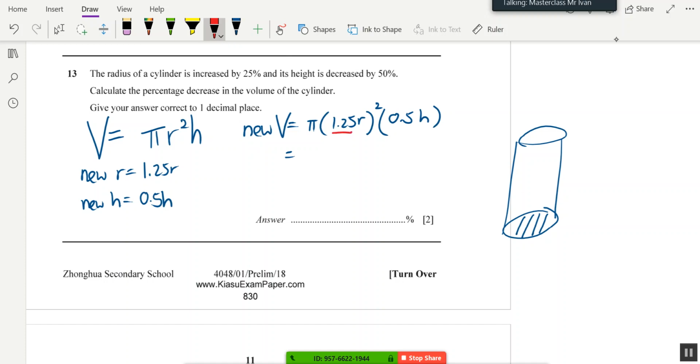Take 1.25 square times 0.5. 1.25 square times 0.5. And tell me how many? 0.78125. 0.78125 pi R square H. Understand? So this is your new V.